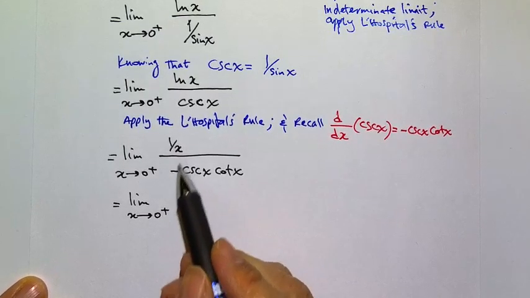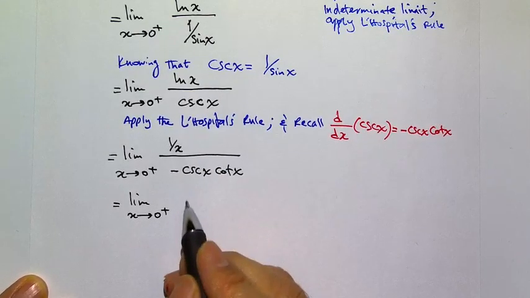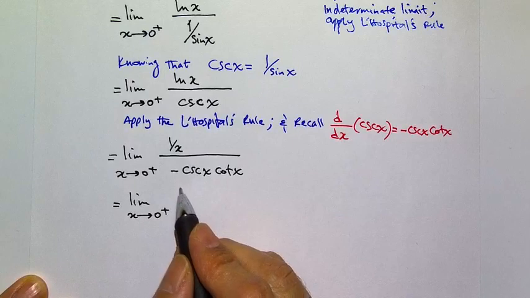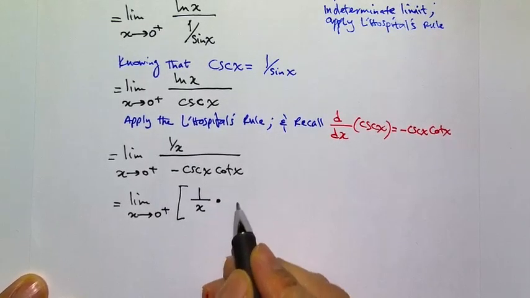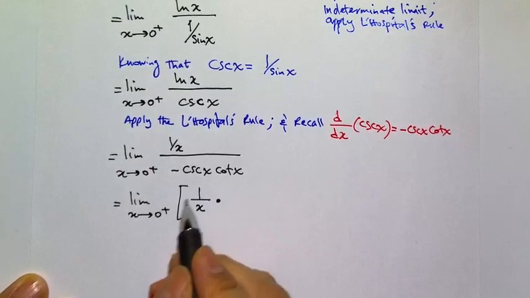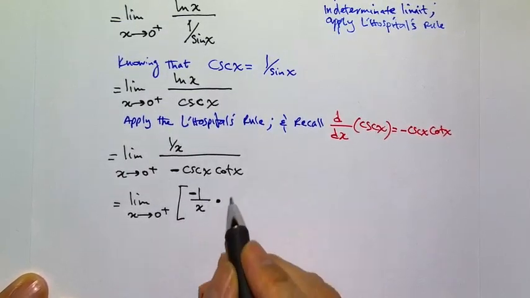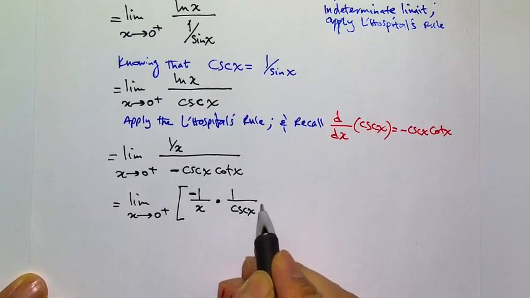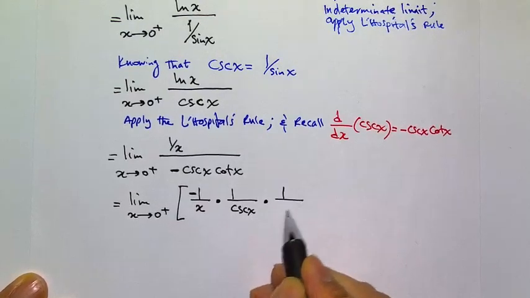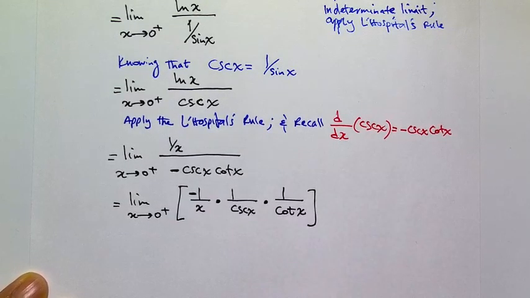So let's rewrite this so it looks a little bit neater. So we have 1 over x times 1, or maybe I should put this minus here, and then 1 over cosecant of x times 1 over cotangent x.